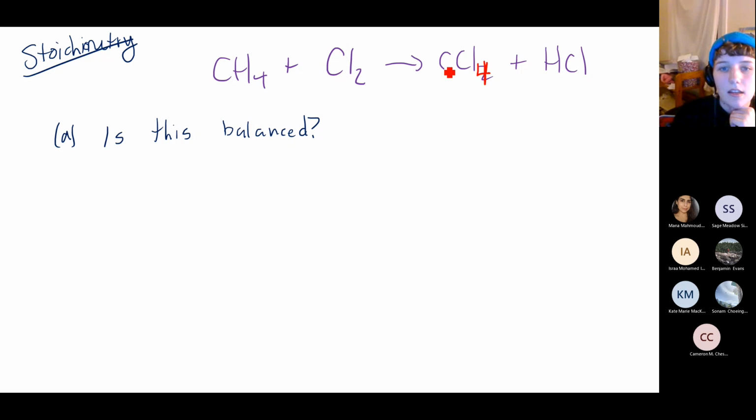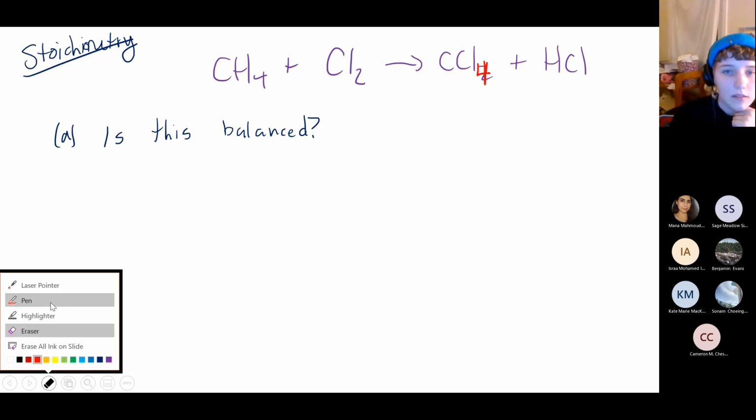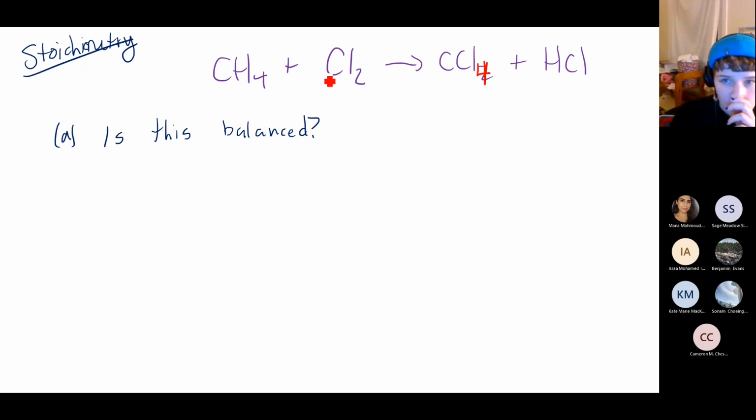Carbon is balanced. We have Cl2. So this should be 2 because there's 4 on this side. Oh, wait, no, there's a HCl. So there's 5 on this side, so I should multiply this by 5/2. Right? And then, this should be 4.